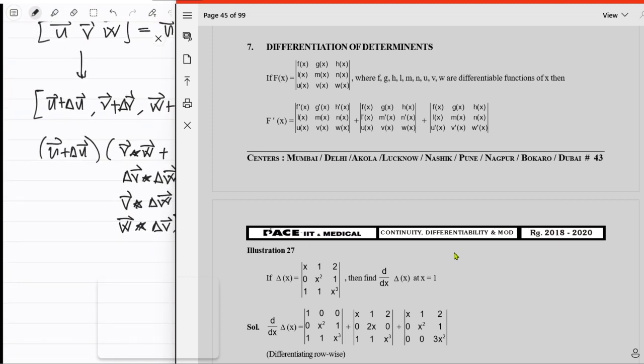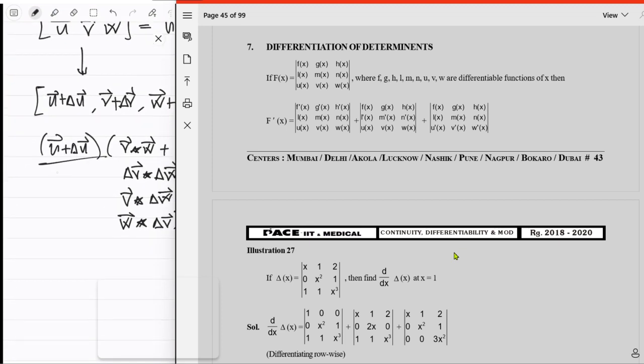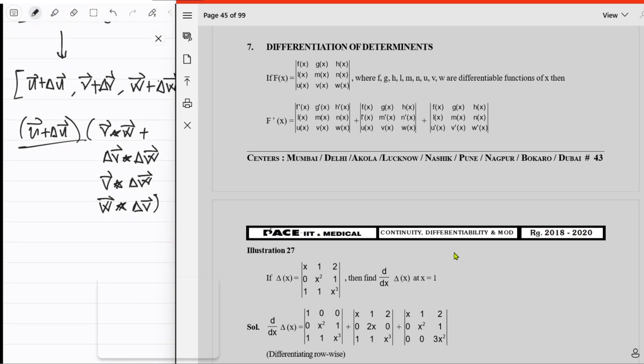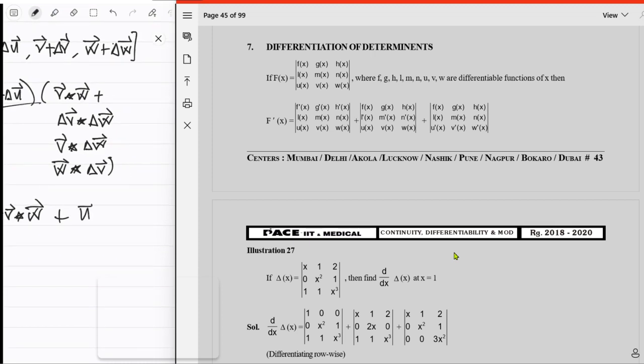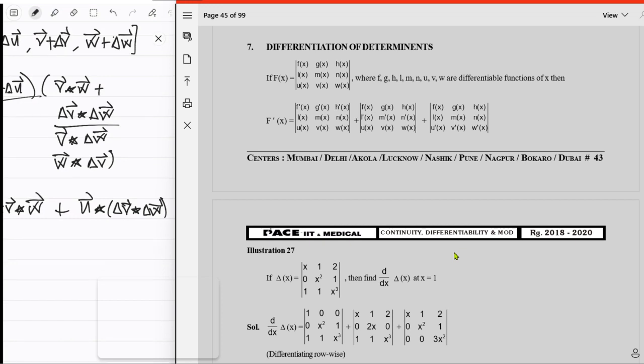Cool. And then you're going to do this thing times all of that, right? Yeah, like u vector star v vector star w vector, right? Plus u vector star. So you got two deltas over there. So delta v vector and then delta w vector. Why am I writing these two delta things inside? You will see what's going on.